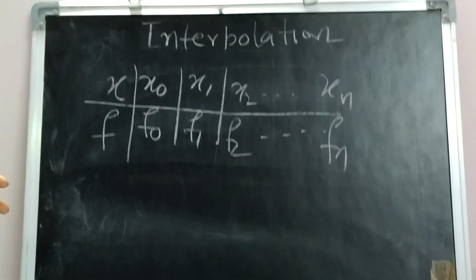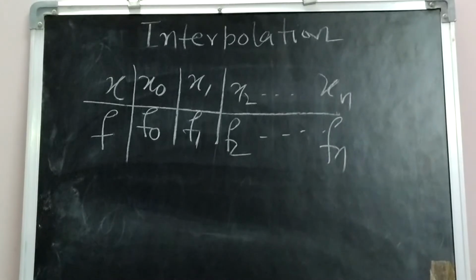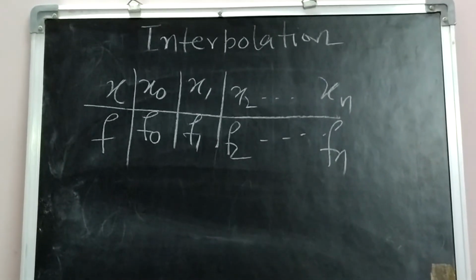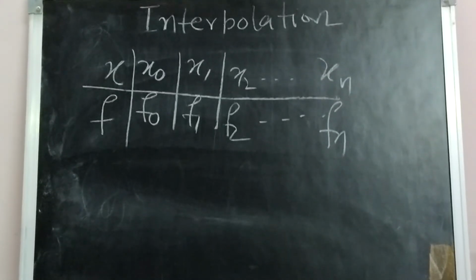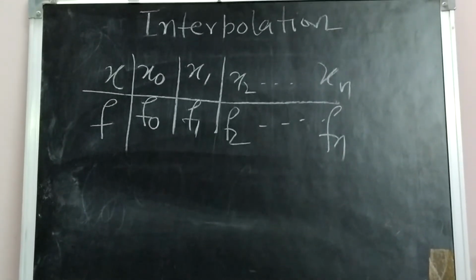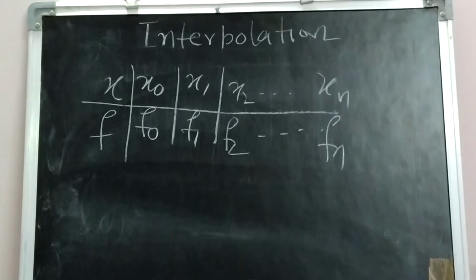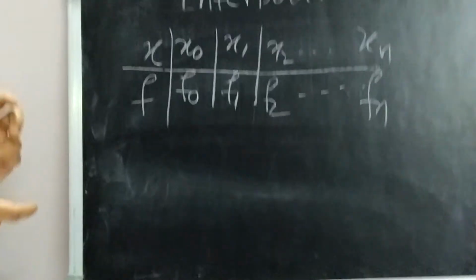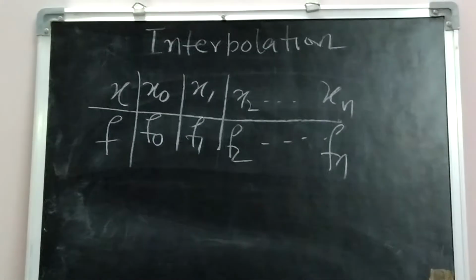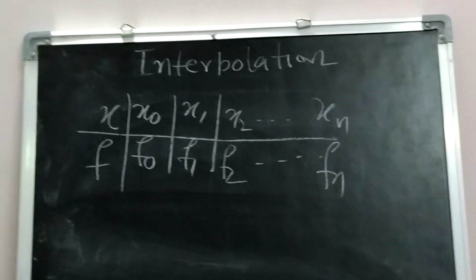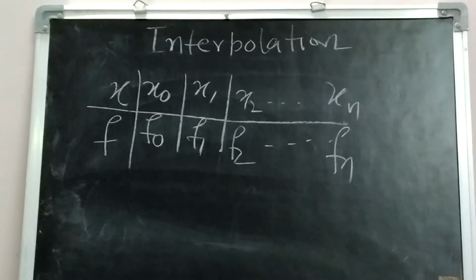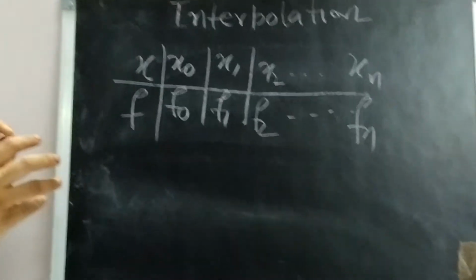Using a few data points from the original function, we can use interpolation to produce a simpler function which is fairly close to the original. This simplifies the function, but some error will be there because we have not considered all the data points; we have considered a few data points and interpolated.